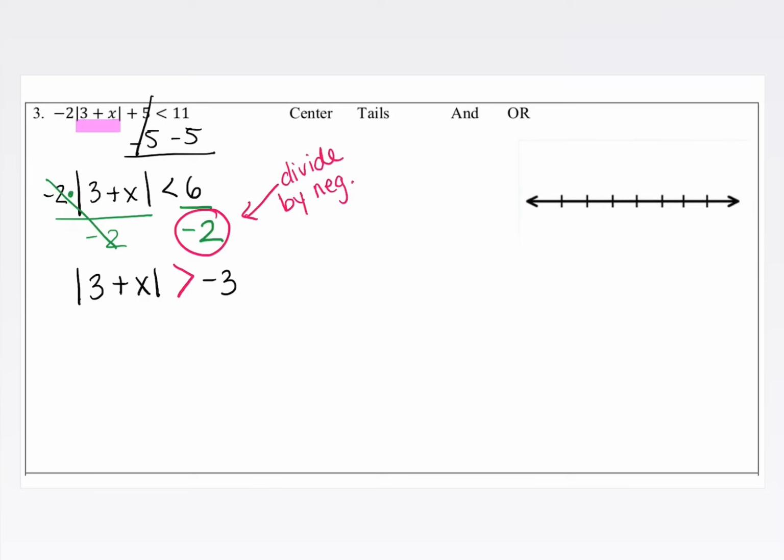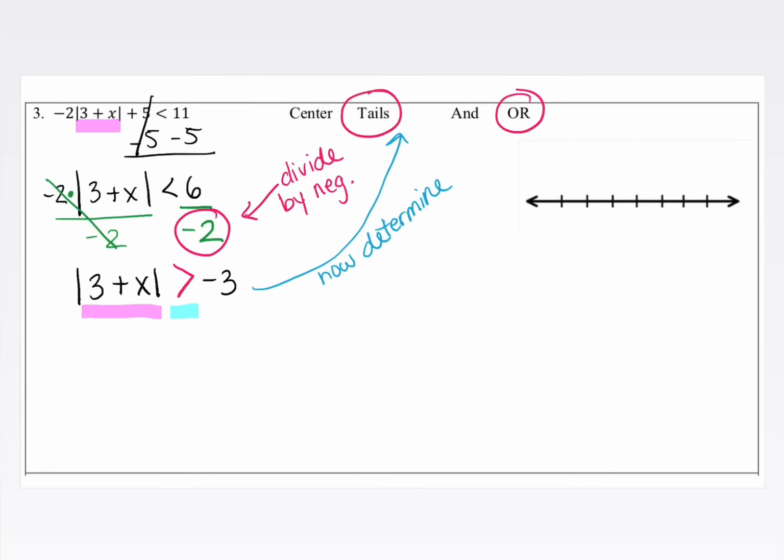When we multiply or divide by a negative number, our inequality sign must flip. Once we have our absolute value isolated, now we can determine if we're going to have center or tails for shading, and if it's an and or an or inequality. So if we look at our inequality here, we have a greater than, so we know that it's a greater, and we're going to have tails for shading.